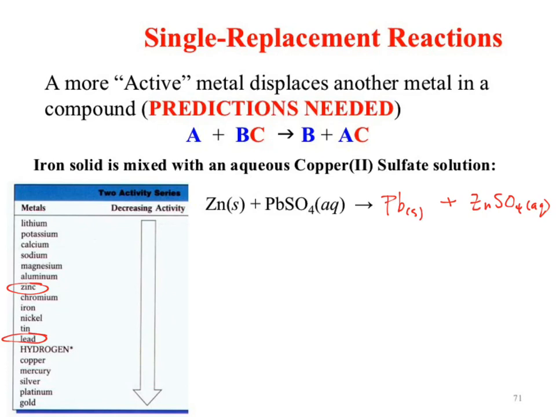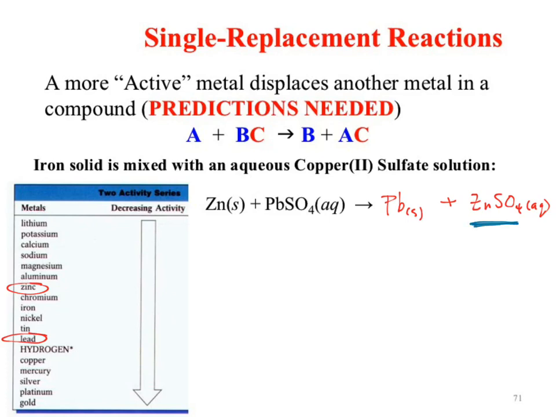So now I'm going to look at the equation. I want to use that information and align it back with the equation. Zinc is more active. It wants to be with people, or more so than lead does. Looking at the equation, where is zinc with other things? It's over here.